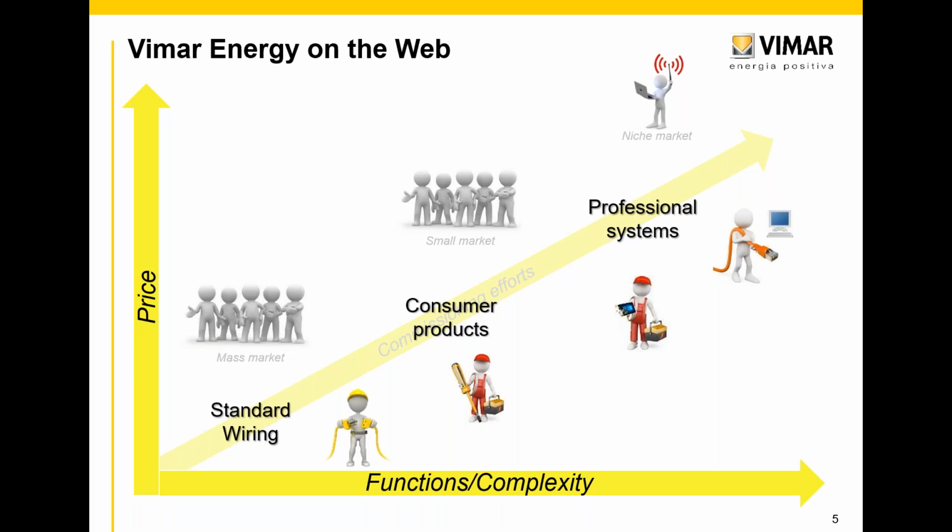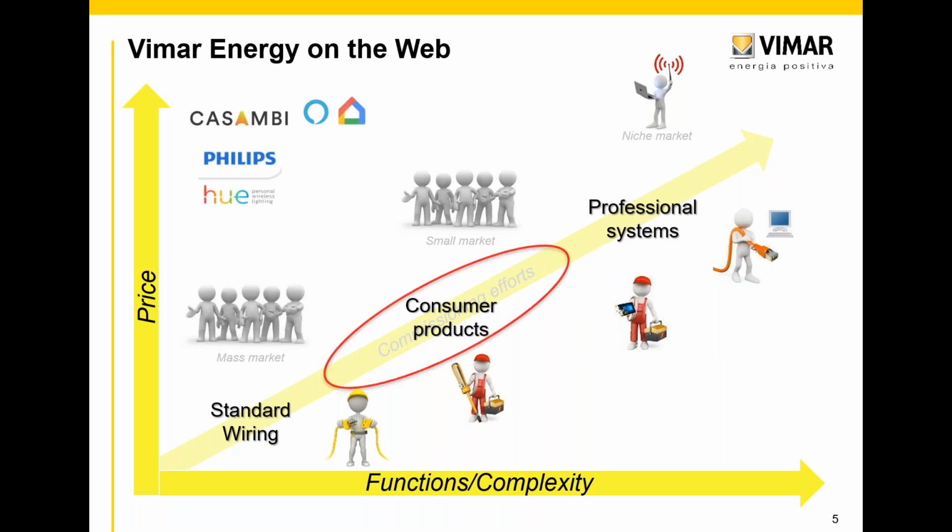First of all, on this chart you see different systems and different parts of the market that we split by functionalities, complexity, and also prices. What does it mean? That there are really different offers on the market with different targets.